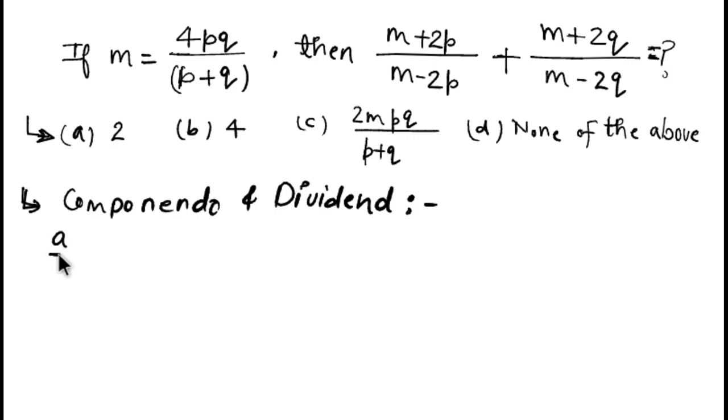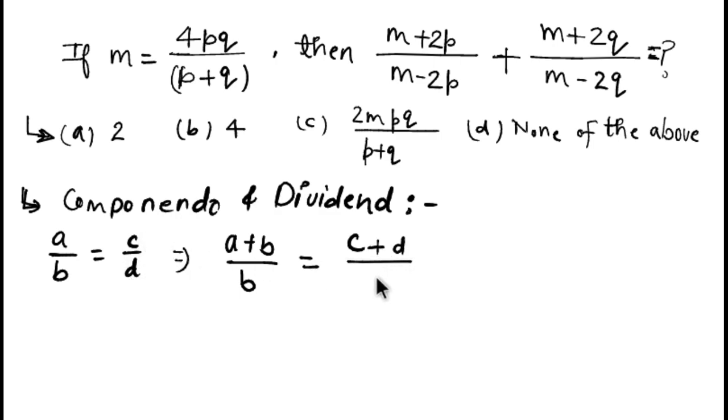If we are given a by b equal to c by d, two fractions in proportion, and I add the denominator of these fractions to their numerators, then this property follows: a plus b over b is also equal to c plus d over d.